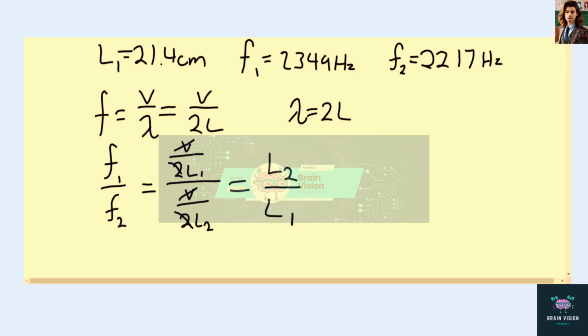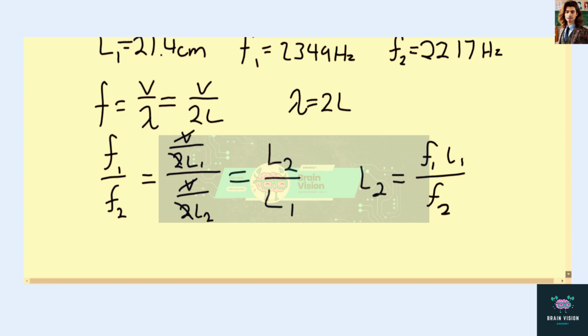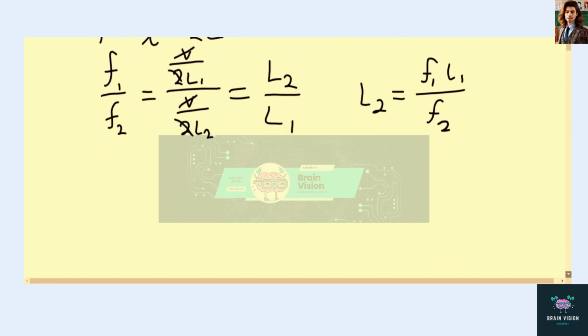And then what we're interested in is the length of the string that would play the slightly lower note, which is L2. So if we solve this equation for L2, we get that L2 is equal to F1 times L1 over F2. And we have all of that information, so we can go ahead and solve for L2.